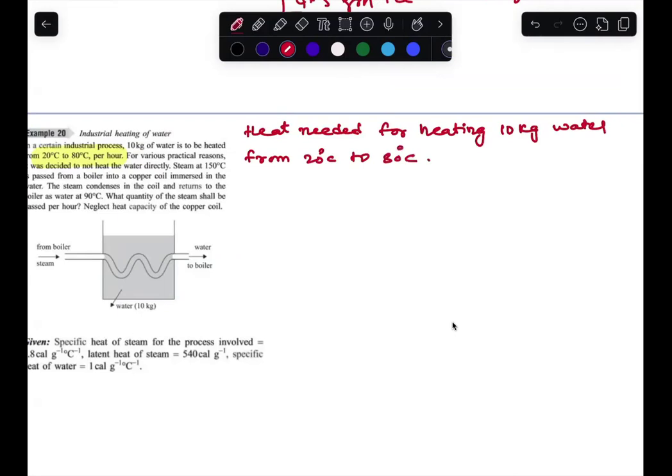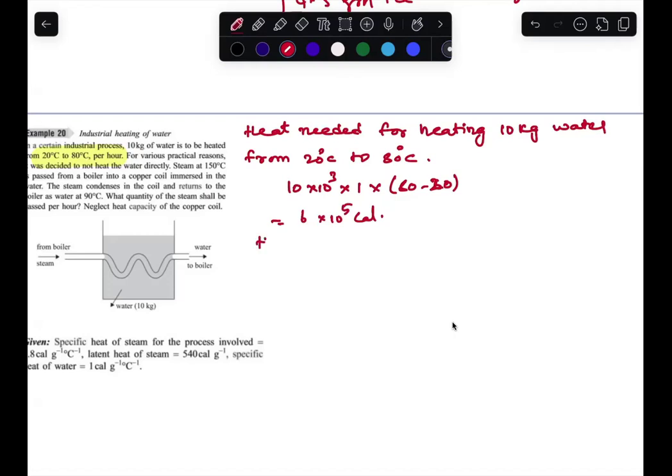Let us calculate. We'll calculate in calorie, which is very comfortable for us. 1 into 80 minus 20. This will be 6 into 10 power 5 calorie. This is required.